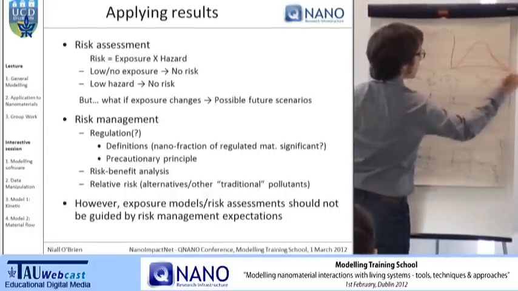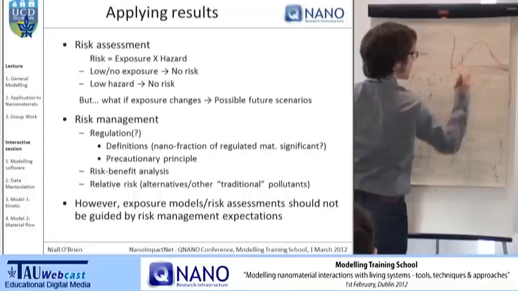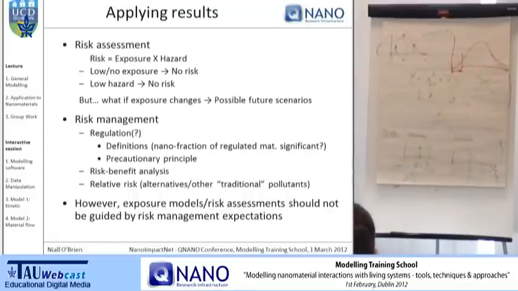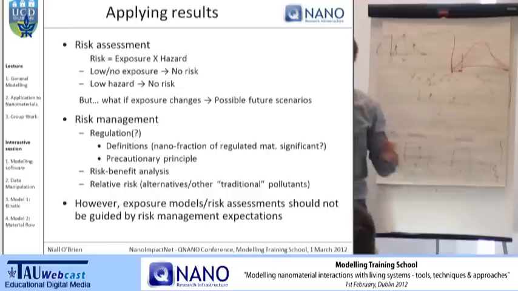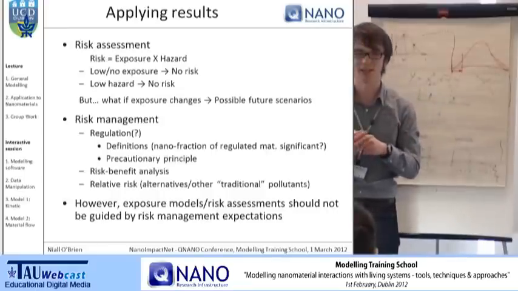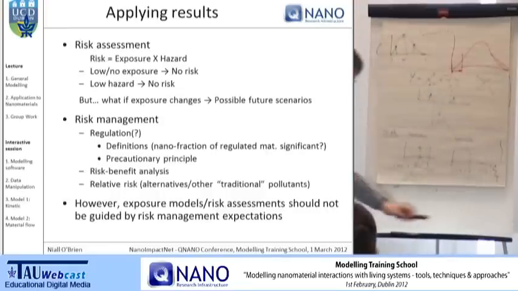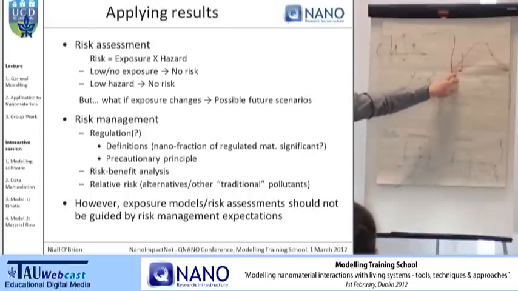It's more likely to be out here. But this is this small tail, which might be very low on a mass basis, on a surface area basis, on a number concentration basis. This would be very significant. But that's probably for a different school, not for the modeling school, but it's an element to take into account.